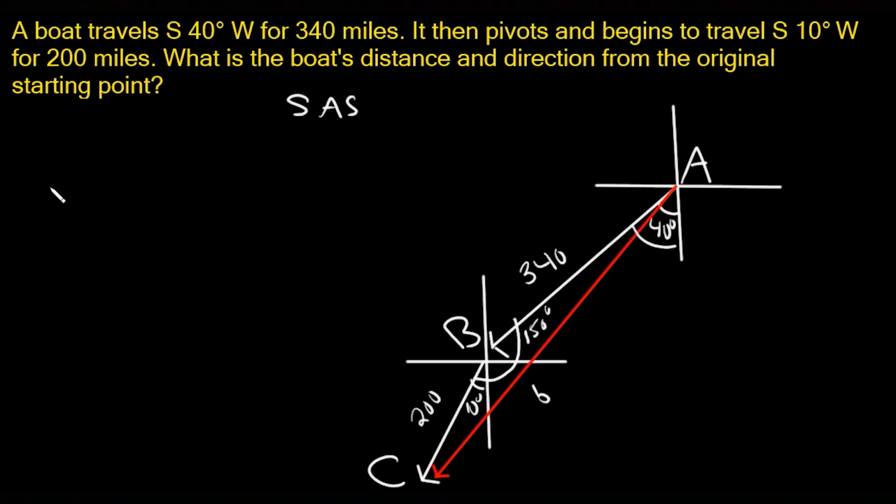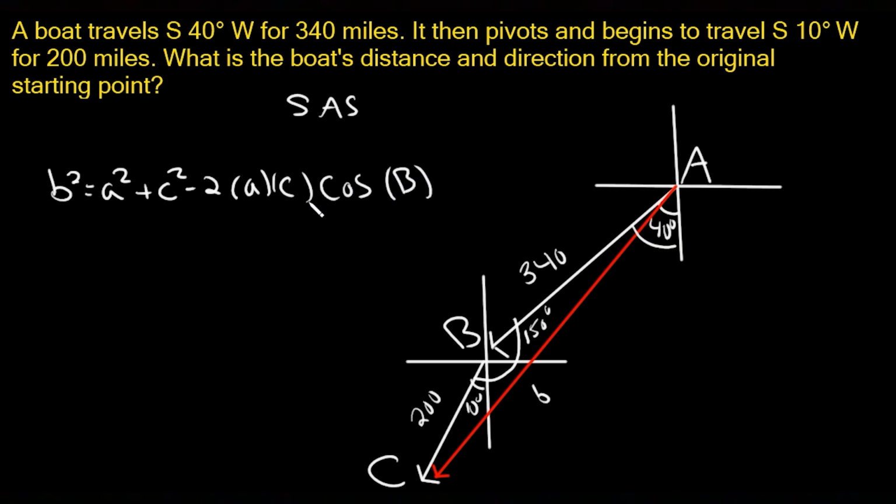Writing out the law of cosines, that is going to be B squared equal to A squared plus C squared minus 2 times A times C times cosine of angle B. Then I'm going to have B squared equal to, so what is A?